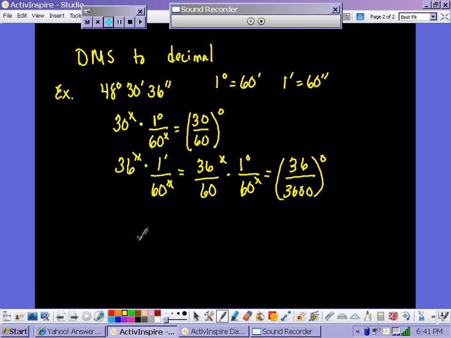Alright, so then we get our calculator out and we put this in. So we got 30 divided by 60. That's going to give you 0.5, which we knew already. And then 36 divided by 3600 is going to give you 0.01.